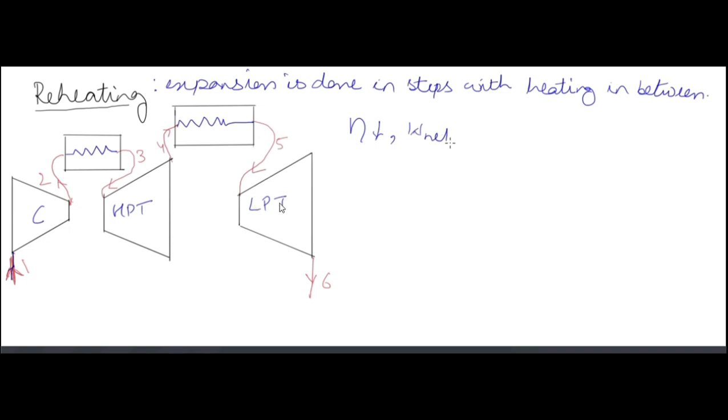Because the pressure has already been released in the high pressure turbine, whatever pressure remains decreases in the low pressure turbine, expansion work happens, and finally the air is released into the atmosphere. So in reheating also efficiency decreases and work output increases. Work done in the turbine increases, so net output work is also increasing.